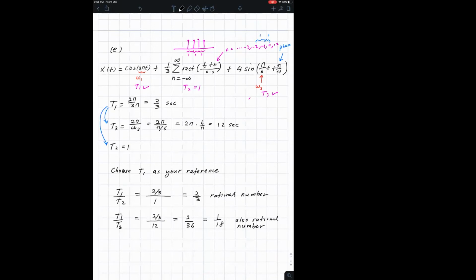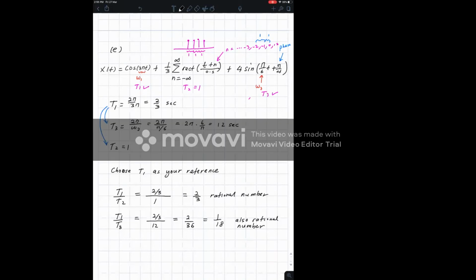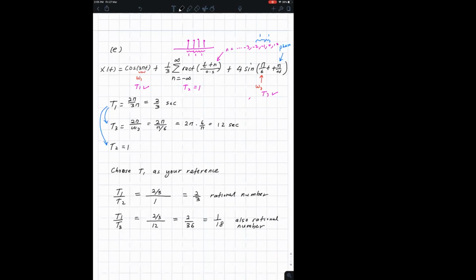Remember when we had 3 signals earlier, when we did the ratio. Sir, before we move on, why was T1 chosen as your reference? What if T2 was 2, for example?